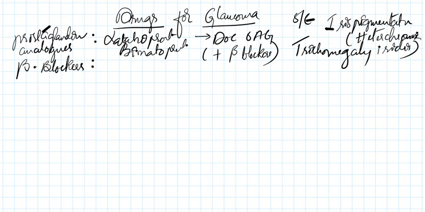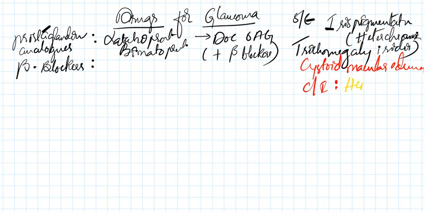Prostaglandin analogs cause cystoid macular edema. This is a very important MCQ. Then they are highly contraindicated in, remember guys, this is an INICET question, keratitis. Which keratitis? Herpetic keratitis.